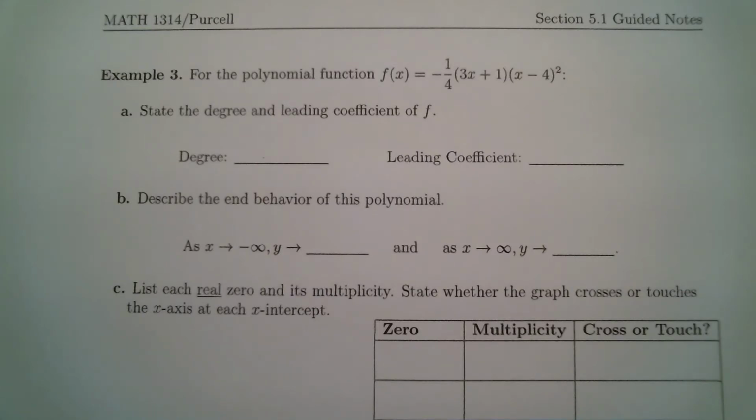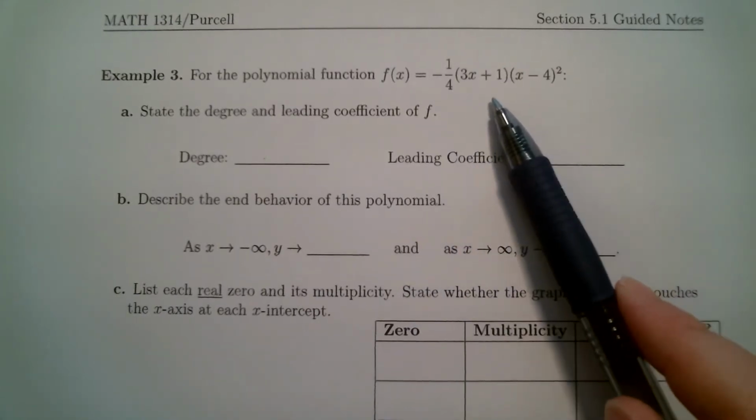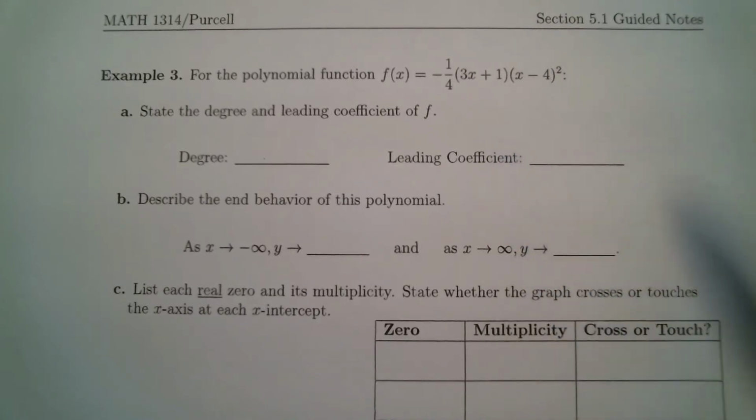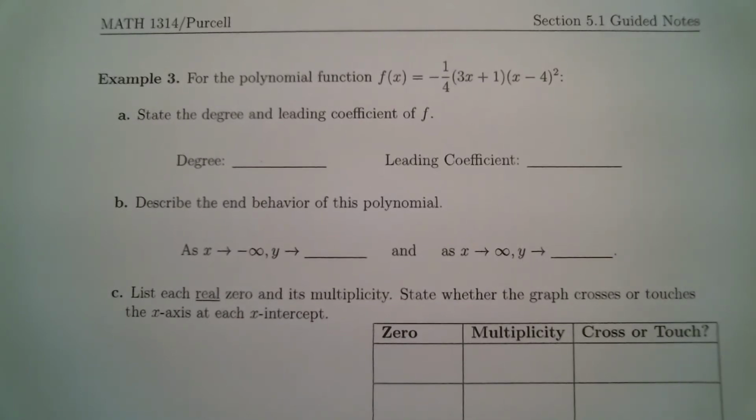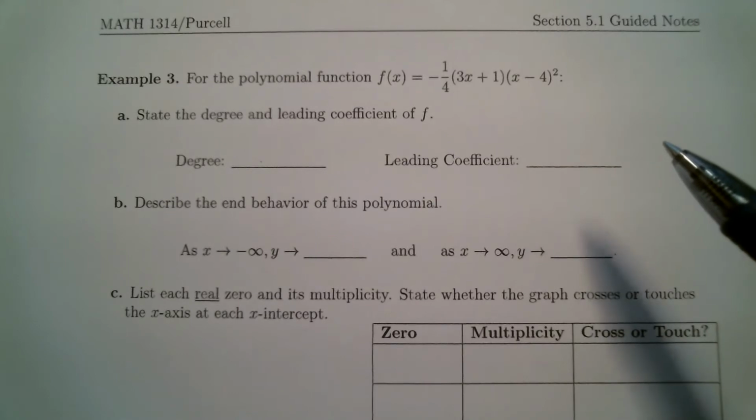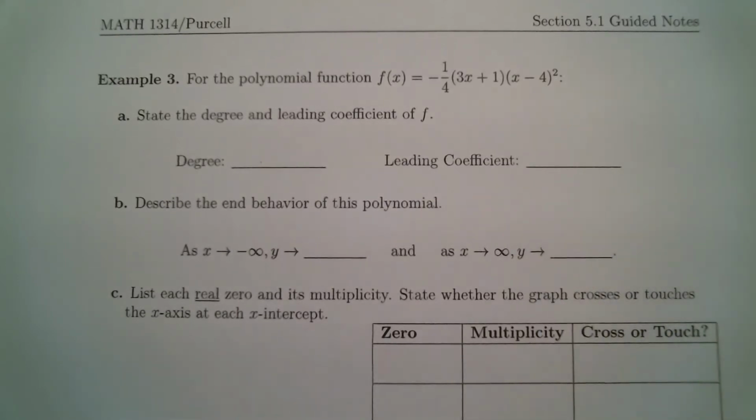But I want you to know, when you get to these polynomials of higher degree, it can be a real pain to get them in factored form. Lucky for us, in the book and MyMathLab, all of your polynomials will be given to you in factored form. That makes your life so much easier because it can be difficult to factor a polynomial of a higher degree.